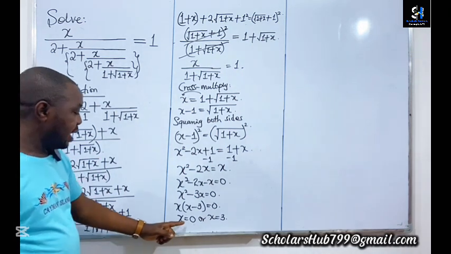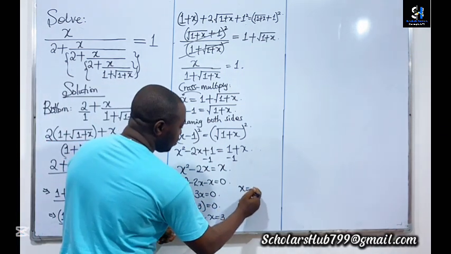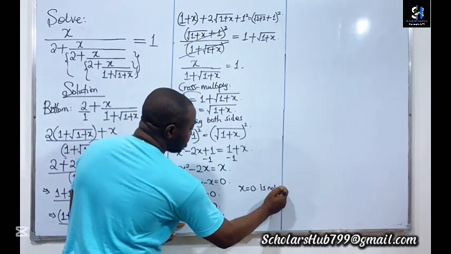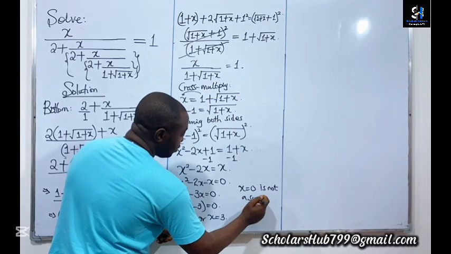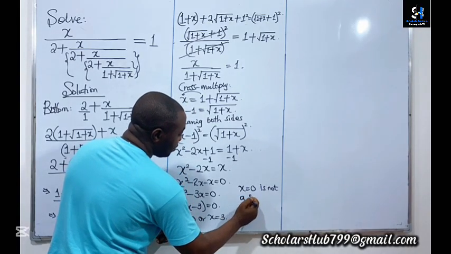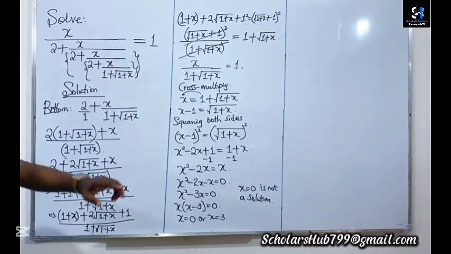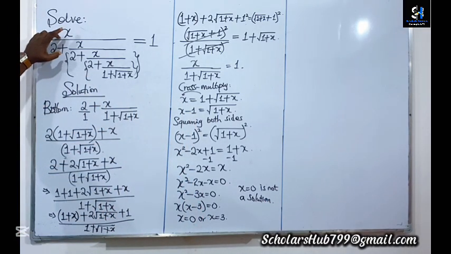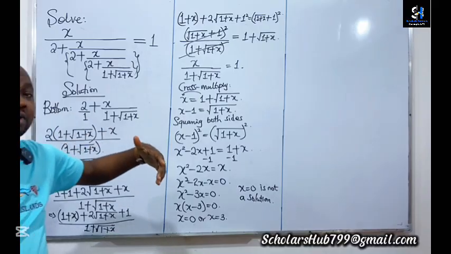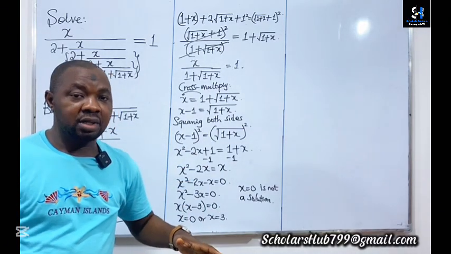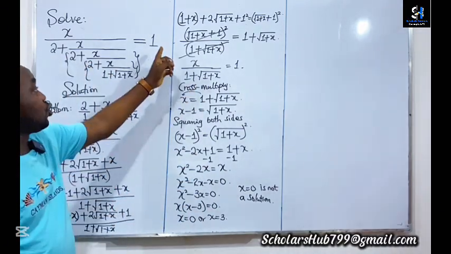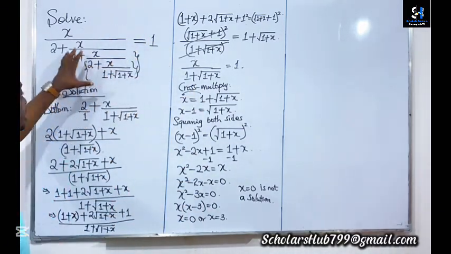Now, x equals 0 is not a solution. This is not a solution, because if we plug in the value of x, we know that 0 divided by any number will be equal to 0, which does not satisfy this equation.